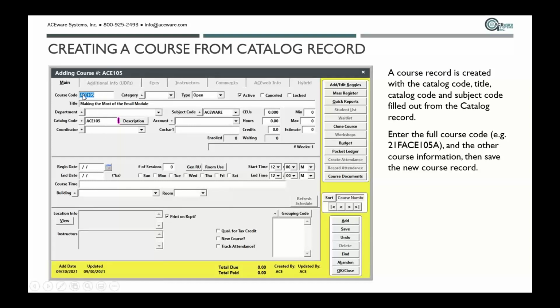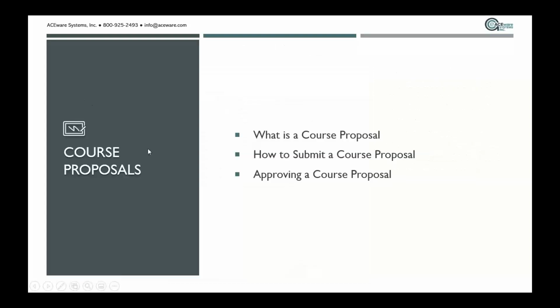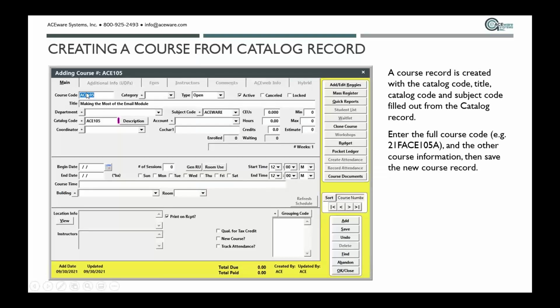You could then go in, edit the course code to put in the year and the term, and then complete the rest of the course. I guess, to be honest, you're probably going to be better off going to a previous section of that course and hitting clone course, because that would bring over fees, the past instructor, and any other general description data on that course. But there is a way to create a course from the catalog record.